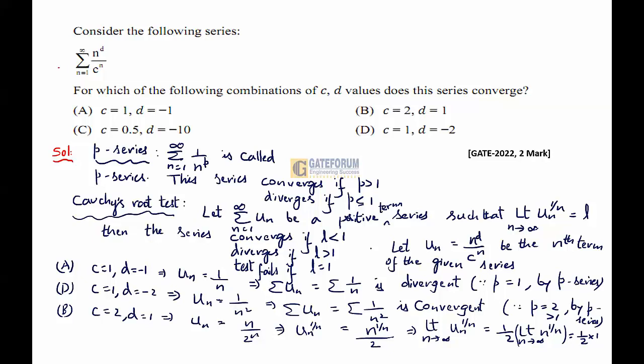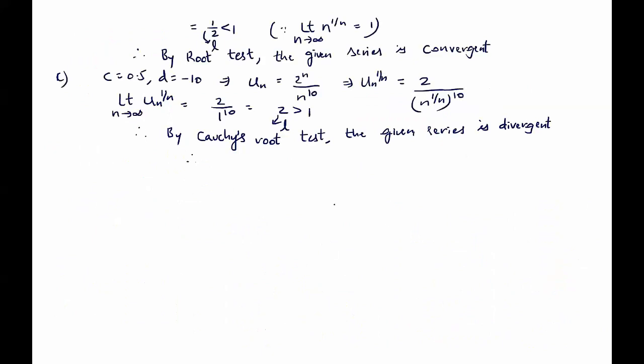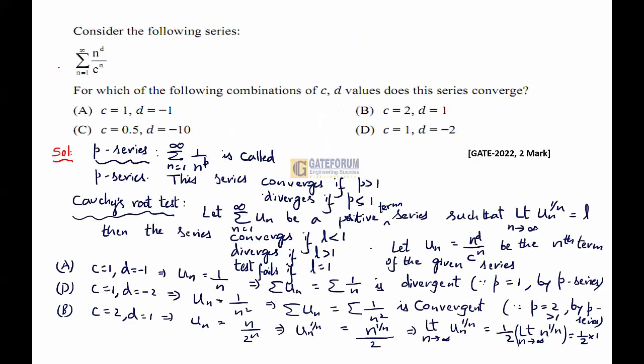So option D as well as option B. Therefore, B, comma D. So the series in option B, comma option D, that is c 2 d 1, c 1 d minus. So the answer is option B, option D. Okay. This is the end of the question.